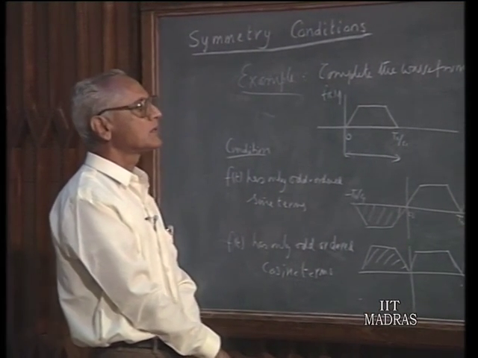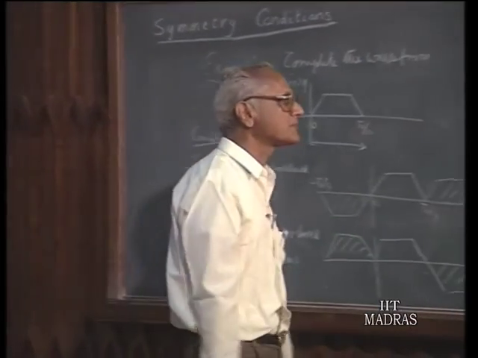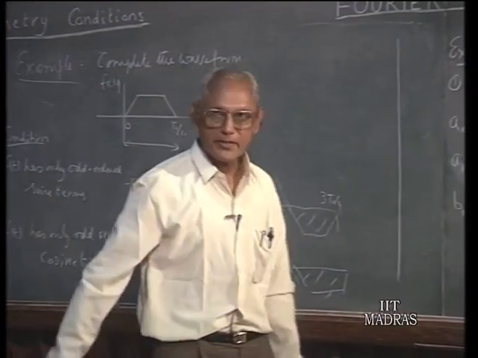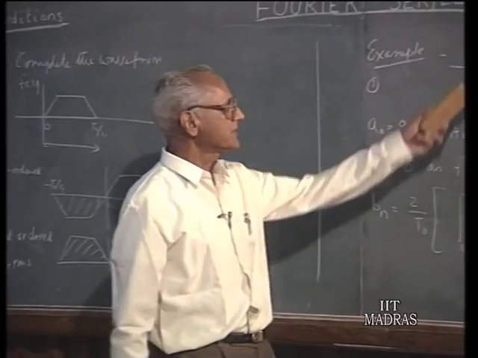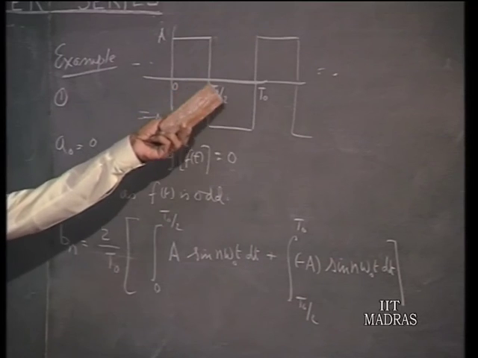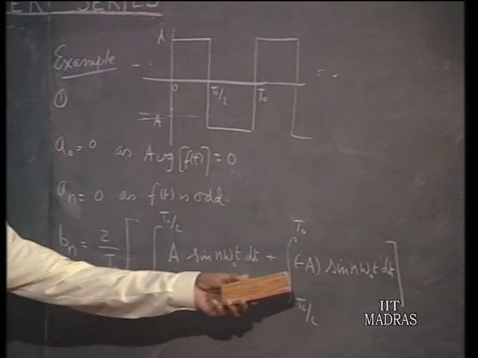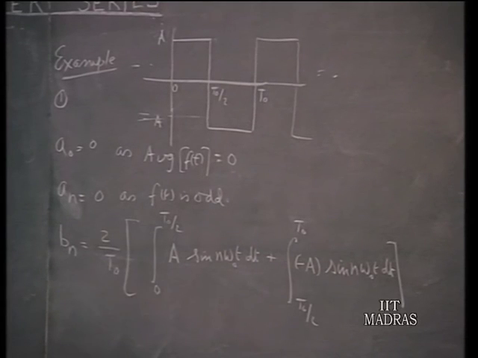Alternately, we can also make use of one property which we have discussed already. When we are talking about half wave symmetry conditions, it is exactly the situation where whatever is happening in the positive half cycle will occur in the negative side in the second half cycle. Therefore, if you recall, we said this integral is equal to this integral for odd n.